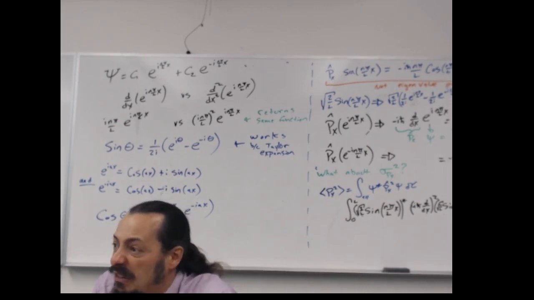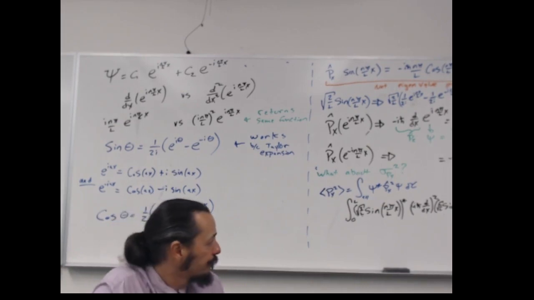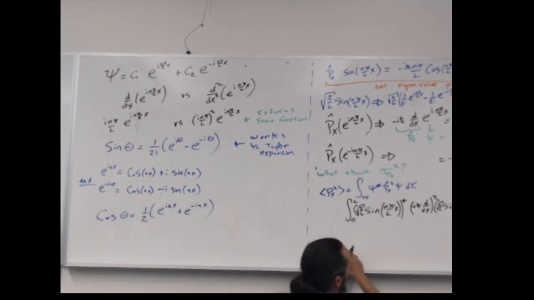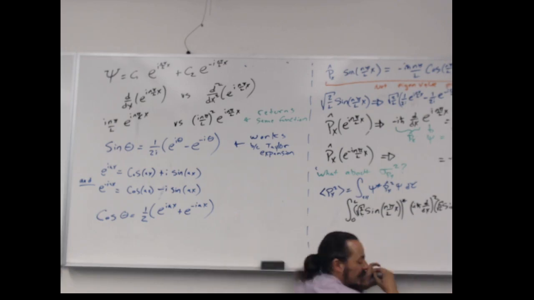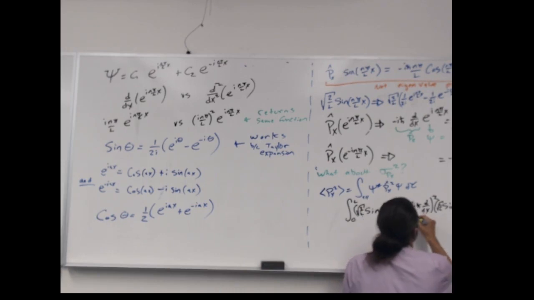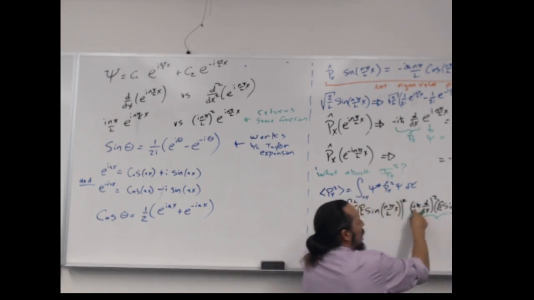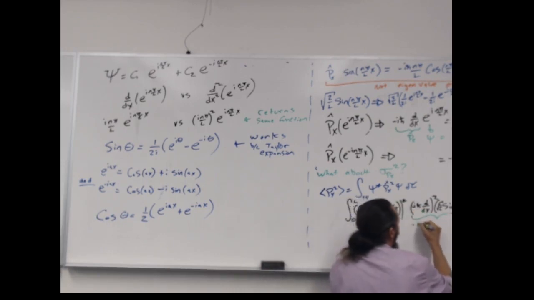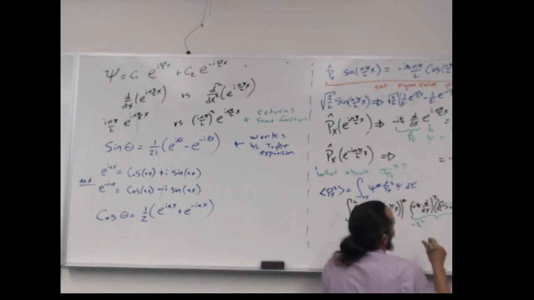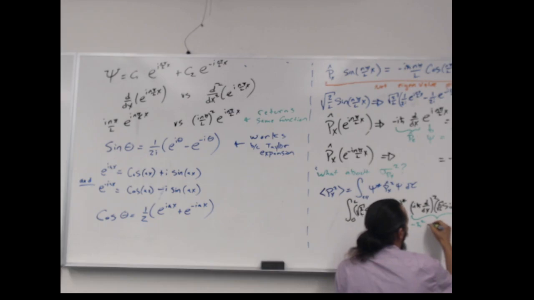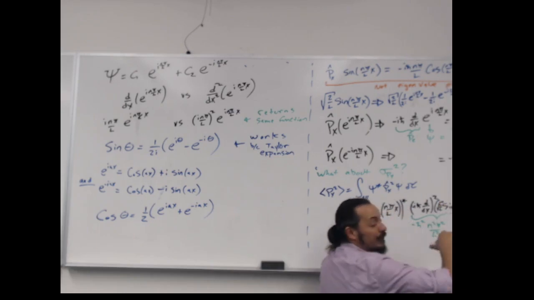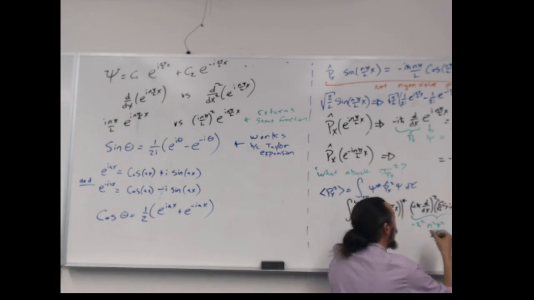I know another nice thing that's going to come up here. So when I do this i h bar d by dx bit, negative i squared is negative 1, so that's going to give me negative h bar squared. D by dx squared on this is going to give me an n squared pi squared over L squared. Taking the derivative, sine goes to cosine, cosine goes to negative sine.